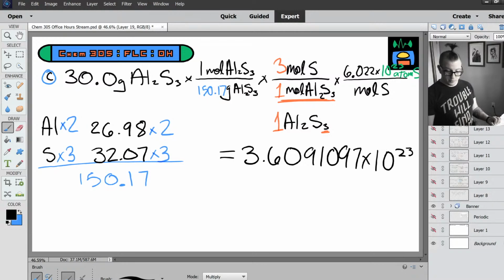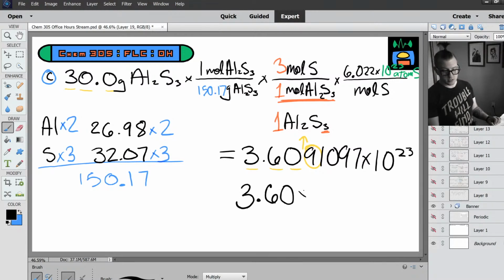Let's see, we can keep 3 of our sig figs, and 9 is going to round up. So our final answer will be 3.60 times 10 to the 23rd atoms of sulfur.